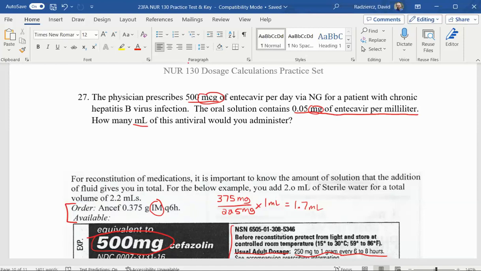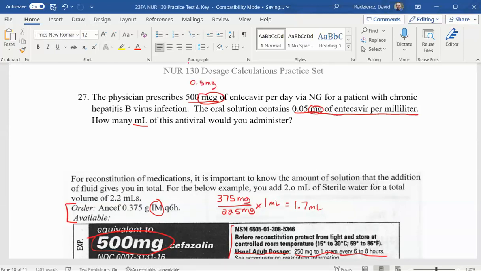I'm just going to choose what's simpler for me, so I'm not changing too many variables. I'm going to convert the 500 micrograms to milligrams. So hopefully you remember, you can just move your decimal point 3 to the left. And so this would be the same thing as saying 0.5 milligrams.